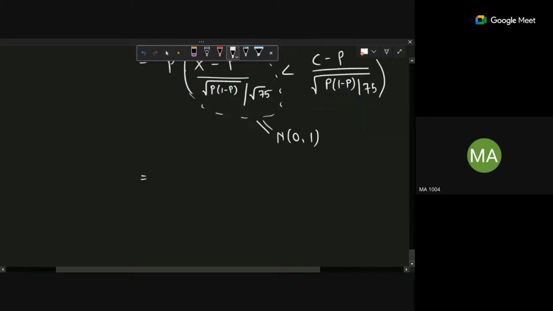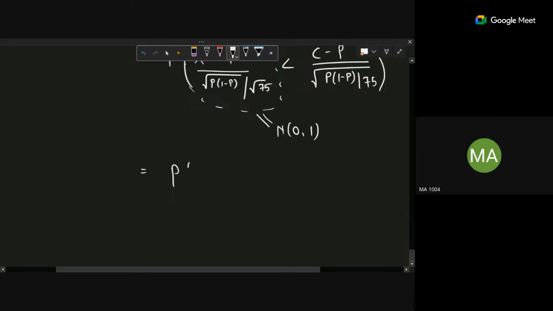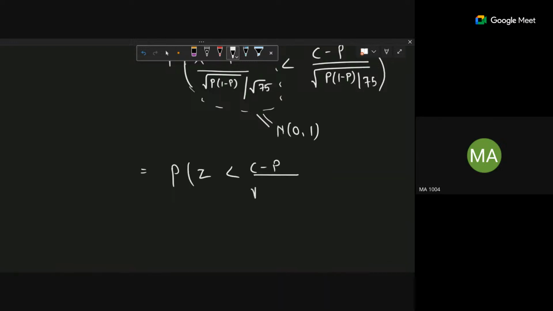We were looking at x bar for this part because if we know that x bar follows a normal distribution with some mean and some variance, you can subtract that mean and divide by the standard deviation and get a z distribution. Z less than c minus p upon square root of p into 1 minus p upon square root of 75.